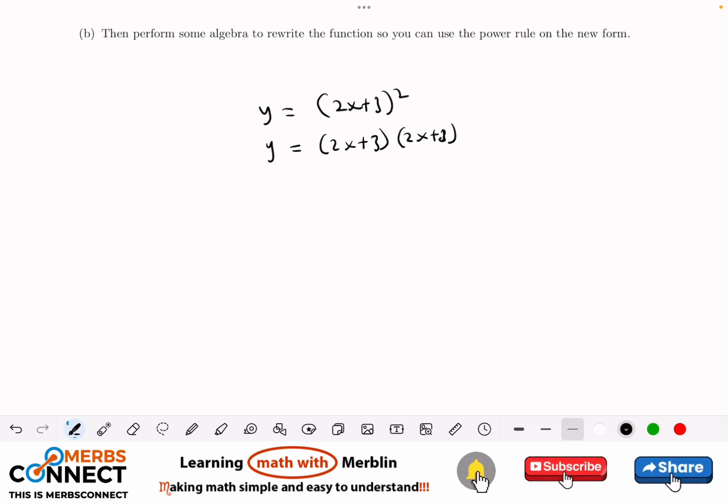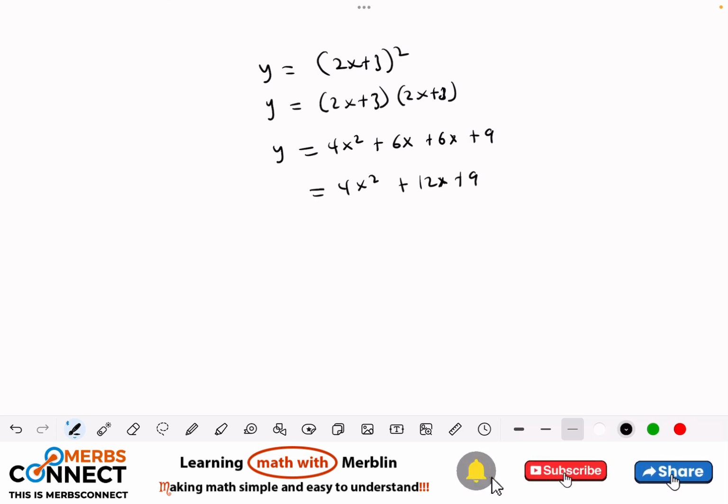Then we can expand. 2x times 2x will be 4x squared. 2x times 3 will be 6x. 3 times 2x will be 6x. 3 times 3 will be 9. So this will be 4x squared plus 12x plus 9.